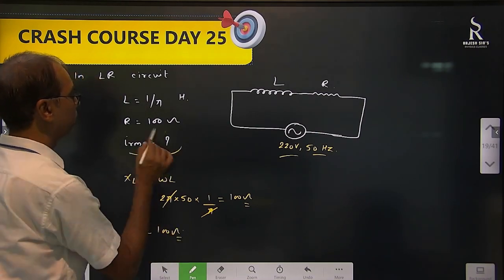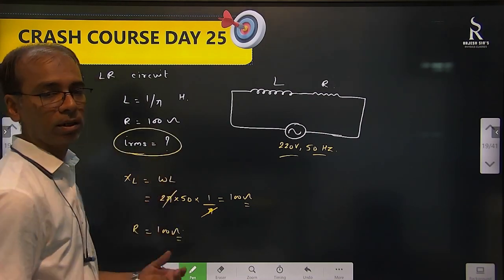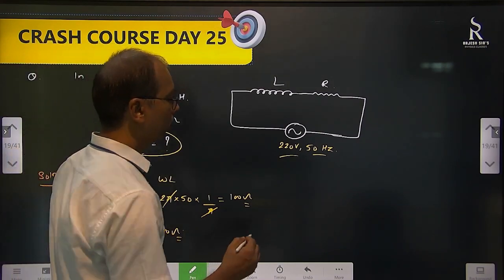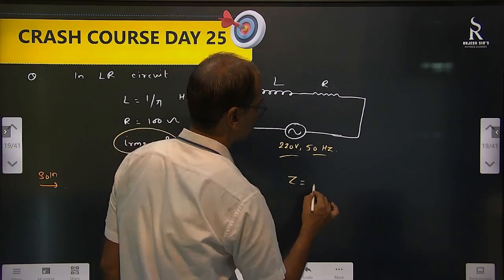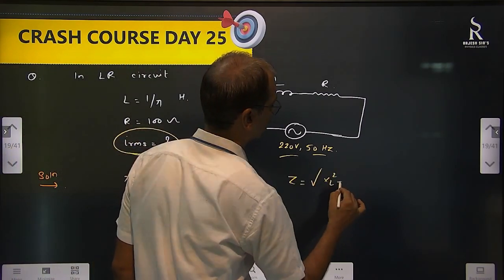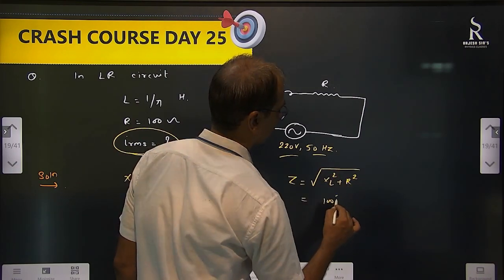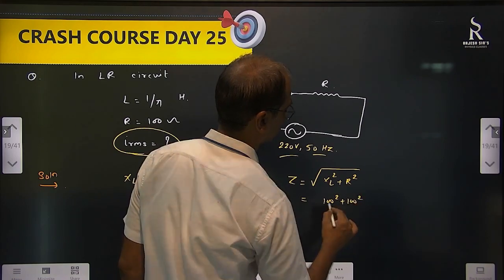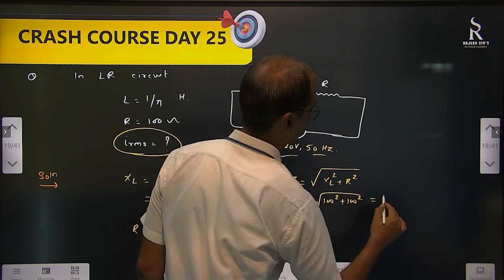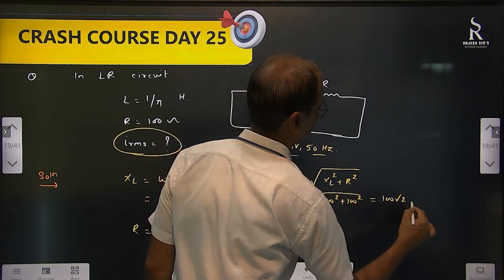Then what will IRMS be? For the LR circuit we have to find the net impedance. Impedance is root over XL square plus R square. That means 100 square plus 100 square, that is 100 root 2 ohm.